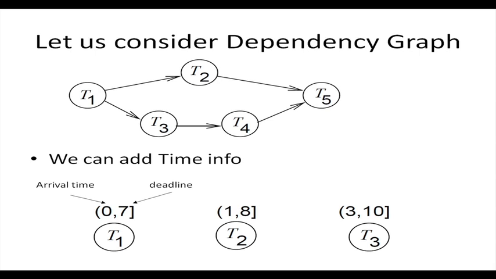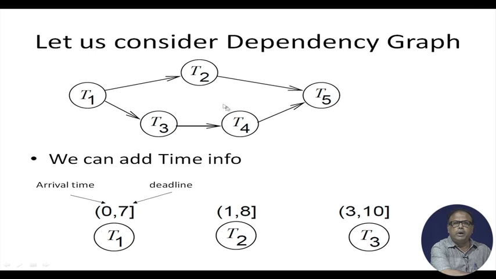Let us consider an example here. This is a very familiar and simple example of a dependency graph, or dependence graph, where we have 5 tasks. The 5 tasks are dependent in this way: T2 is dependent on T1, T3 is also dependent on T1, T4 is dependent on T3, and T5 is dependent on T2 and T4.